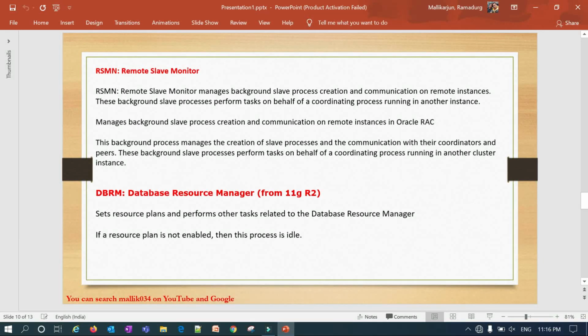Because you have connected to only instance 1, and the moment you submit your request, it spreads across all 4 instances. How does your connection on instance 1 know whether the other 3 instances are processing your request or not? That is basically managed by RSMN.